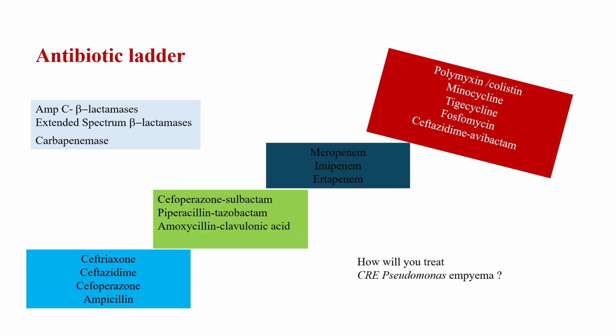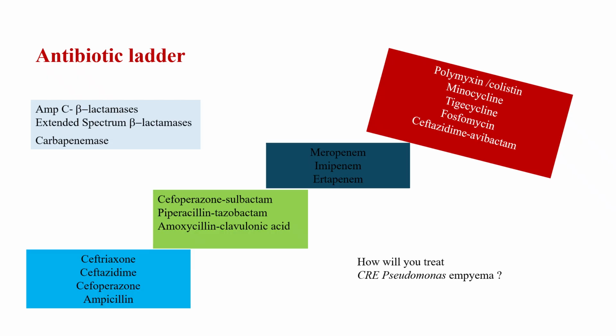And if your bug is resistant to third generation cephalosporin but susceptible to a BL-BLI combination like ceftriaxone sulbactam or piperacillin tazobactam, then the mechanism of resistance is going to be extended spectrum beta-lactamase. So it will be resistant to both third and fourth generation cephalosporin but susceptible to a BL-BLI combination, right?